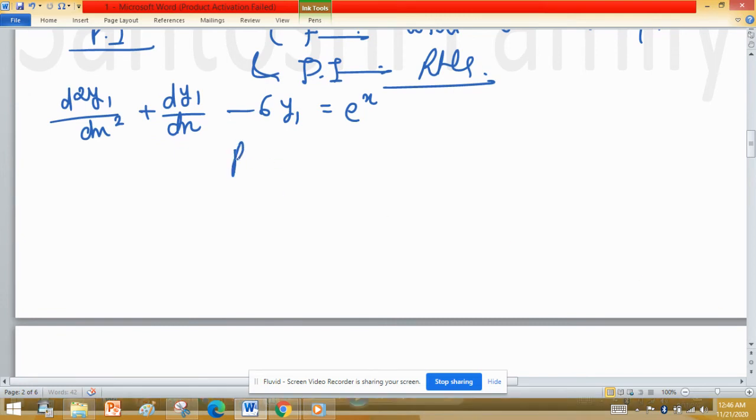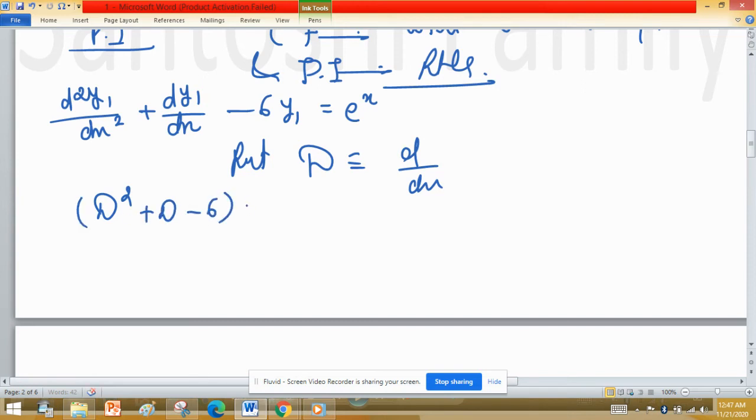Now use capital D as d over dx, meaning the differential coefficient. So this will be (D² + D − 6) y1 equals e raised to the power x. As we have to find the function y1(x), we substitute the value of y2 in terms of x1 and its differential coefficient.